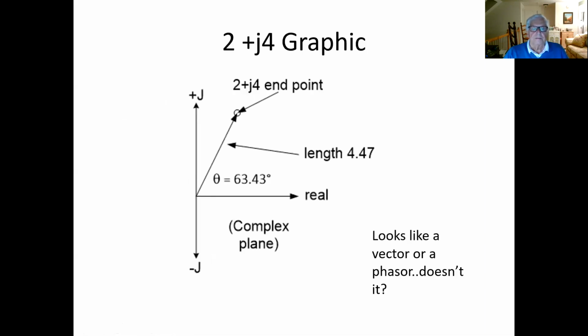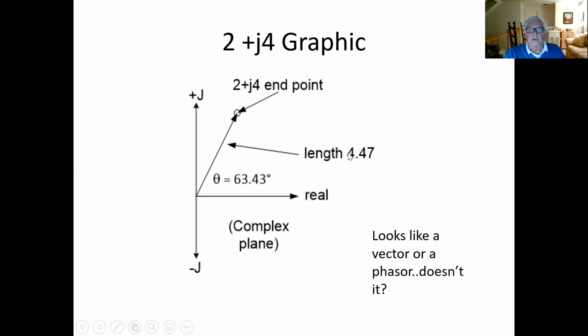Graphically, we see that we have a number here, which is 2 plus j4. Let's say 2 plus j4 could be a current, or it could be an impedance. We know that the angle, if it's 2 and 4, is the arctangent of 4 over 2, which is 63.43 degrees.